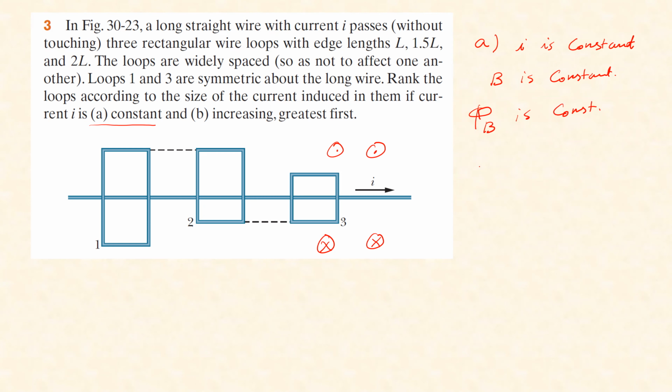Therefore, the EMF is equal to d phi B over dt. What is that? If phi is constant, what is the derivative?